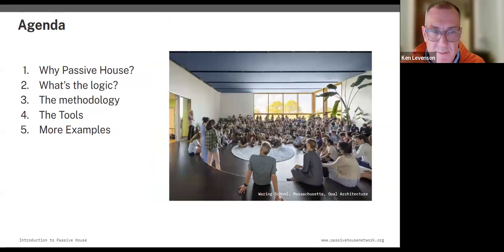So today we'll talk a little bit about why Passive House, what's the logic underneath it. It is basic building science, and many people, and you will certainly, I think, come to that conclusion: hey, there's nothing really incredibly unusual here, but it's about the intention of it. It's about the optimization and the kind of rigor of the methodology.